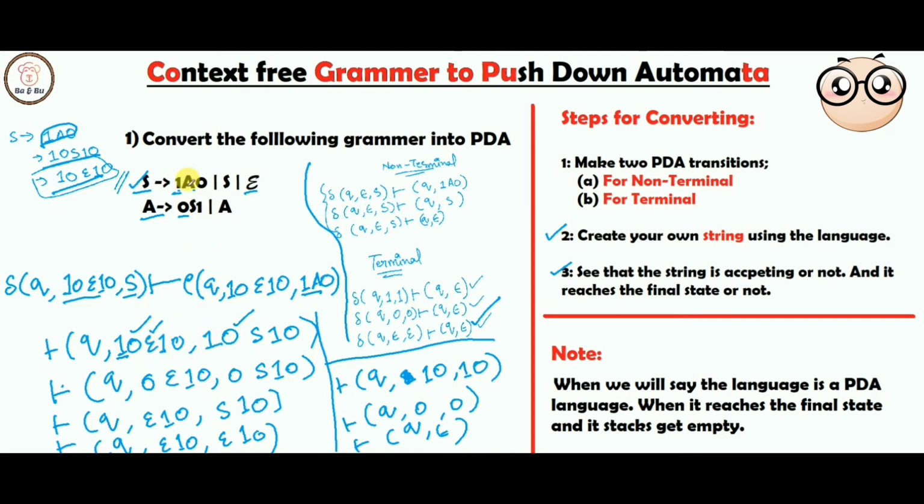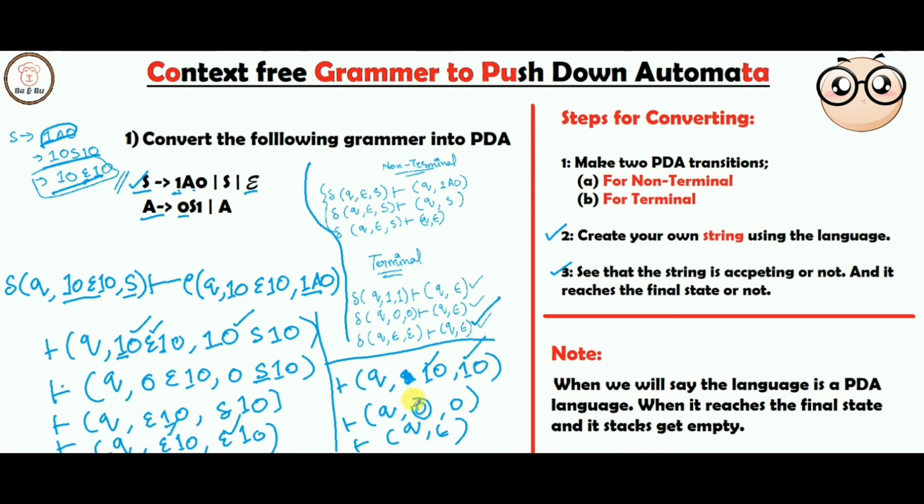As in the grammar you see S contains epsilon value, so I replace S as epsilon, okay, like here S as epsilon, I replaced here also. So now I'm gonna push this epsilon and pop out this epsilon. So here in the next step I got 1 0 0, and now I'm gonna push this 1 and pop this 1 out.